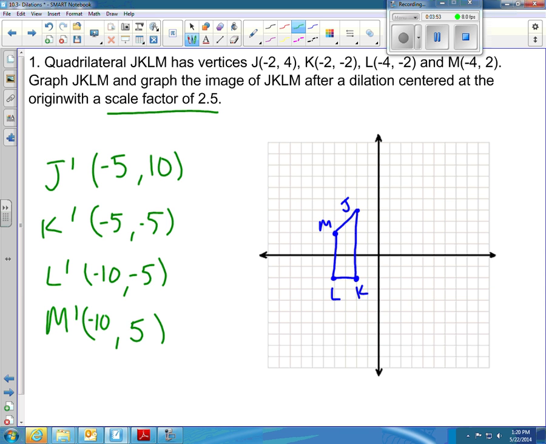So let's go ahead and graph those new points. -5, 10, all the way up there, and that's our J prime. Our K is going to be over 5 and up 5. Oops, not up 5, down 5.